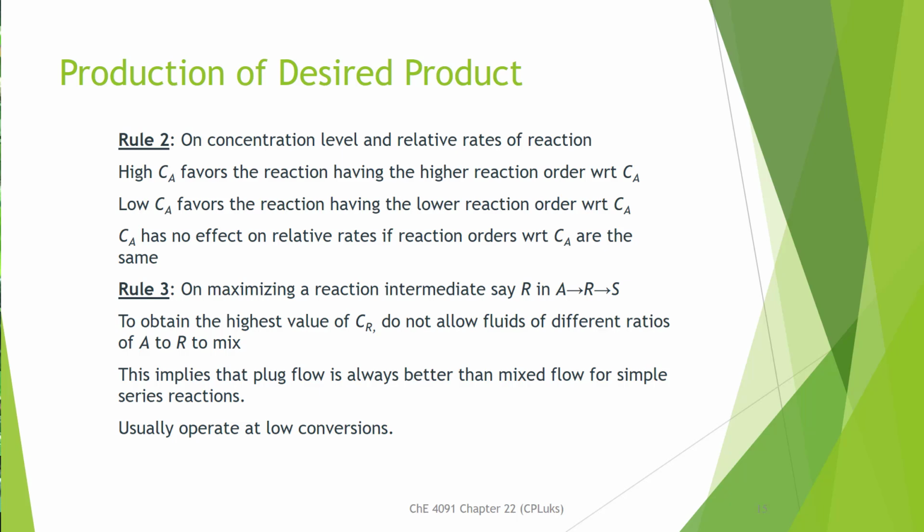So that generally says that you're going to want to use a plug flow style reactor rather than a mixed flow or CSTR tank reactor. Generally, we'll also do better if we operate at low conversions.